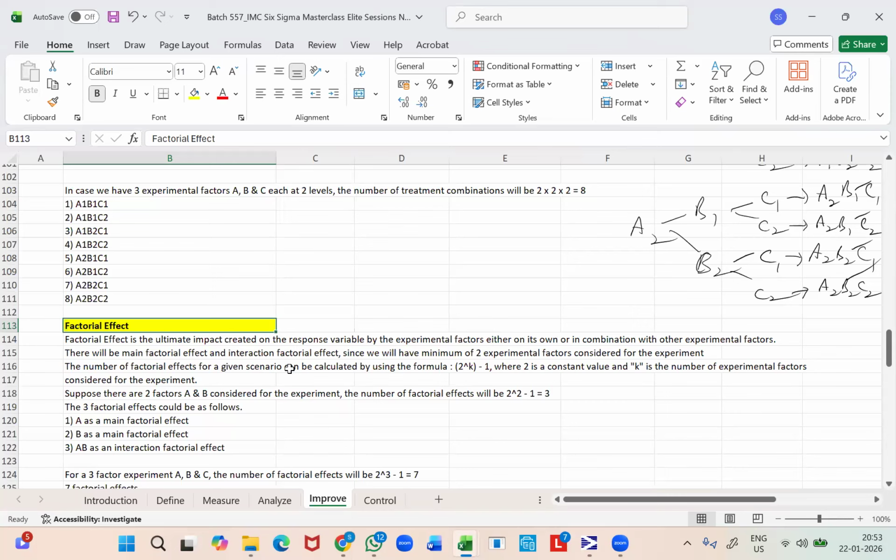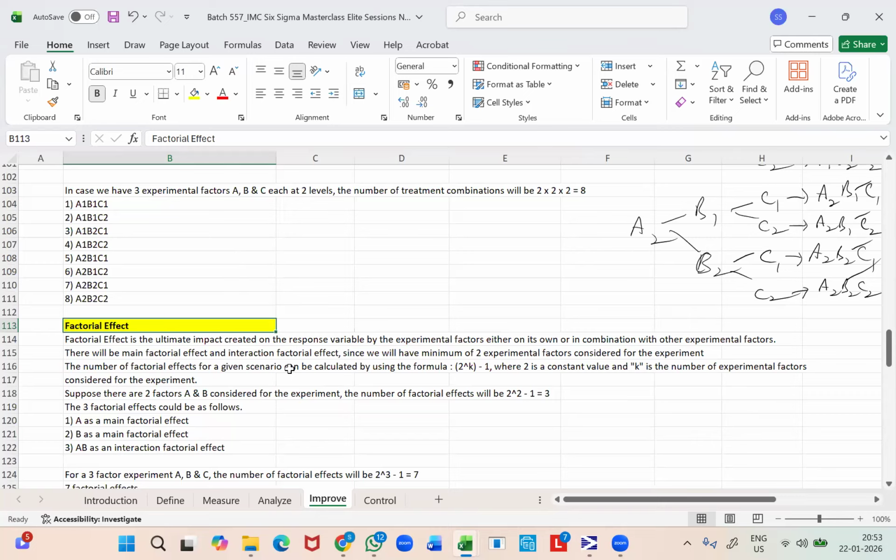Just like how we would simply multiply the number of levels that we have fixed for the experimental factors in order to arrive at the number of treatment combinations applicable for a particular scenario, we have a formula for arriving at the number of factorial effects applicable for a particular scenario, and the formula is 2 to the power of k minus 1.